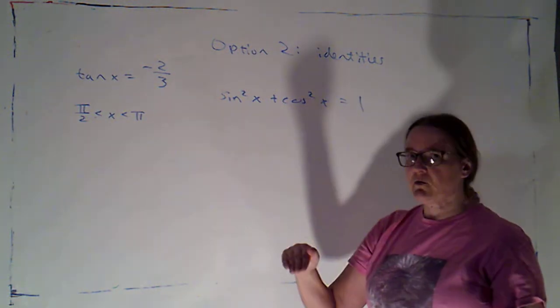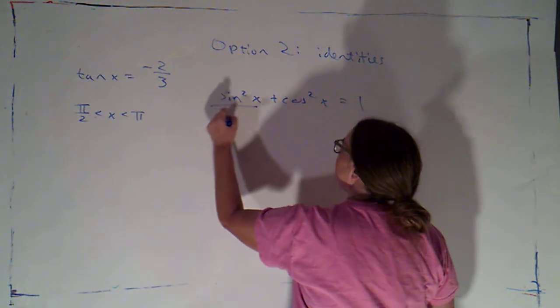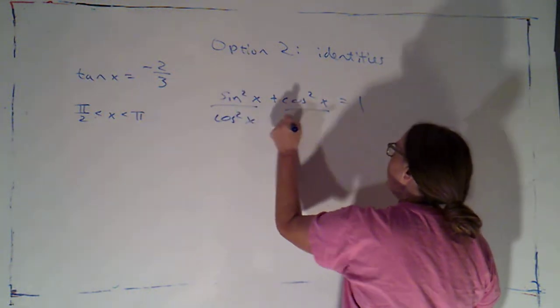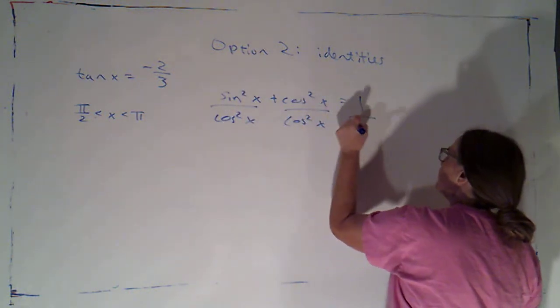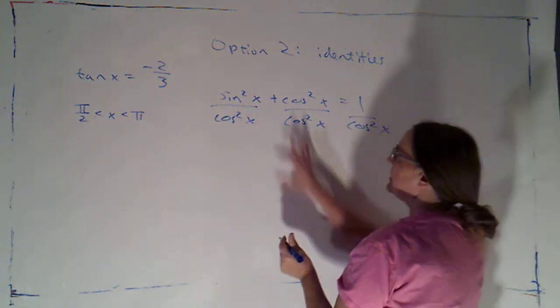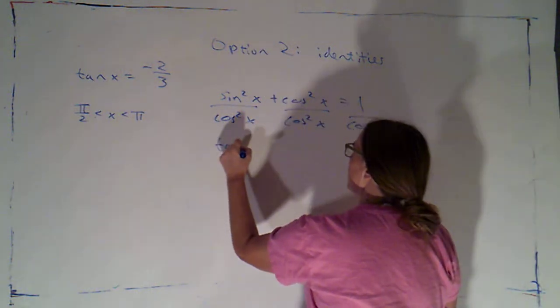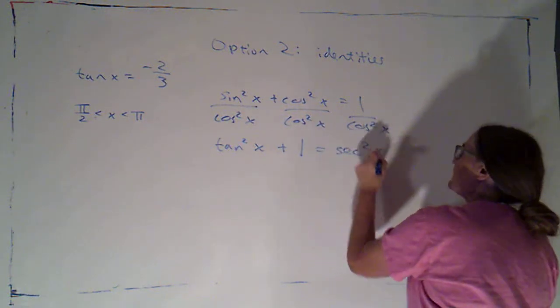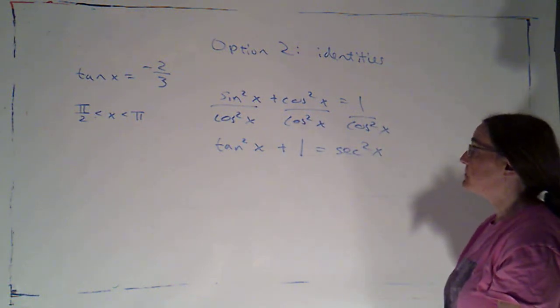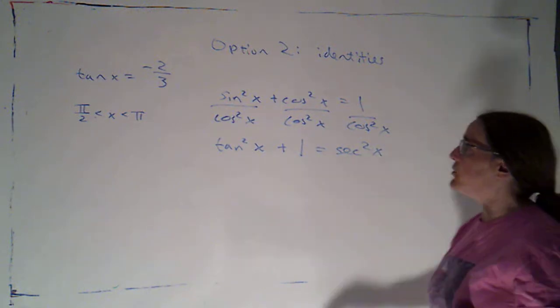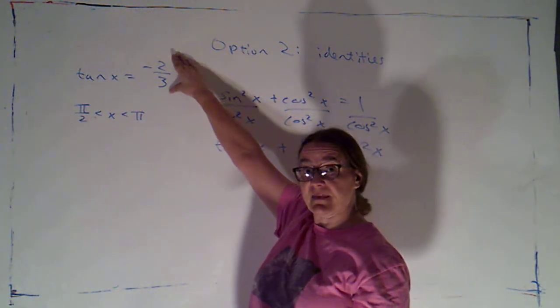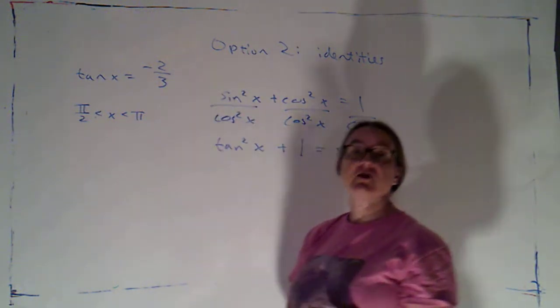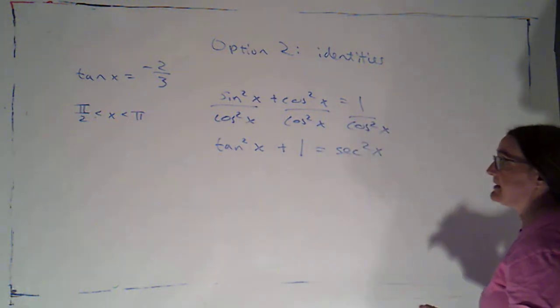Tangent has cosines in the denominator, so I'm going to divide through by cosine squared. So this is now tangent squared plus 1 equals secant squared. Now what I can do is plug in the tangent that I know, and then use that to try to solve for secant.